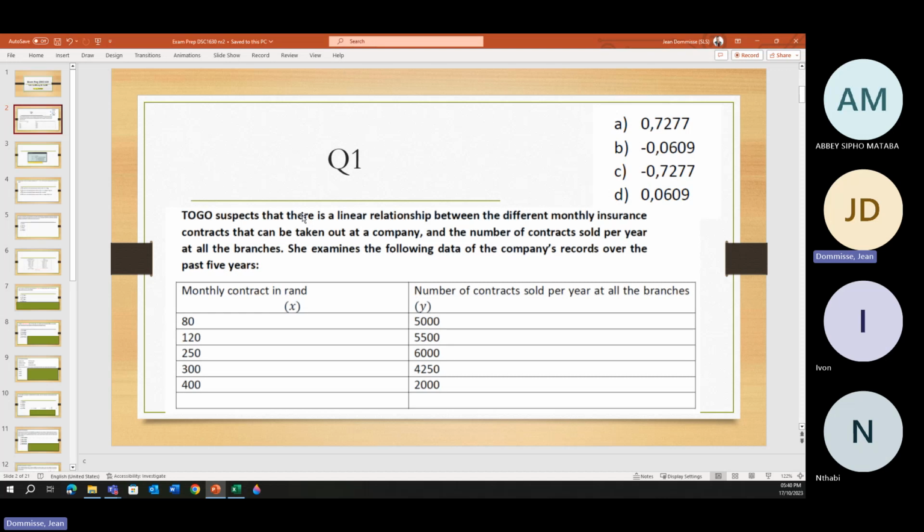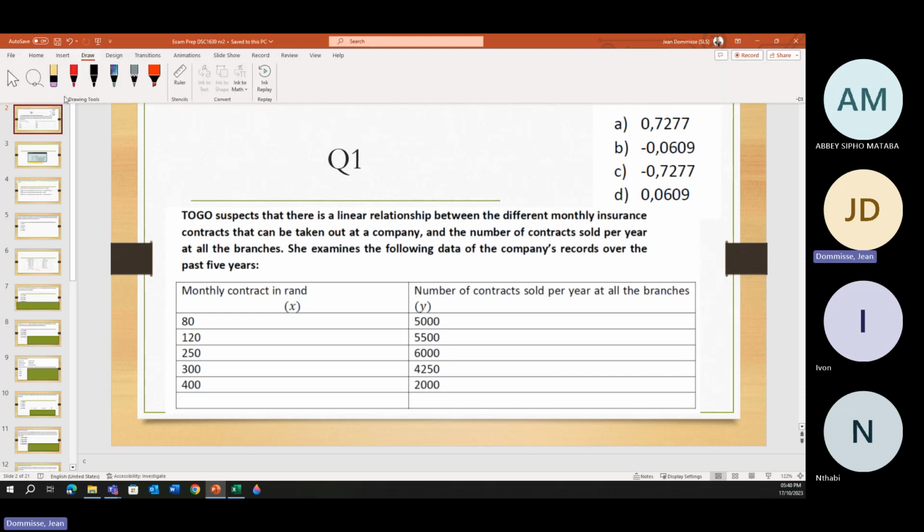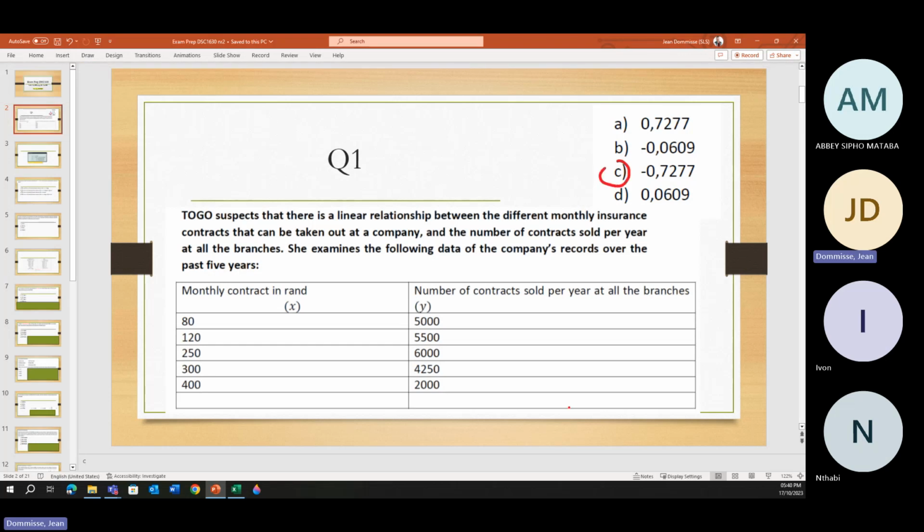So in this instance, our answer would have been option C. That would be nice if the lecturer has given you an idea whether you are allowed to use Excel or not.